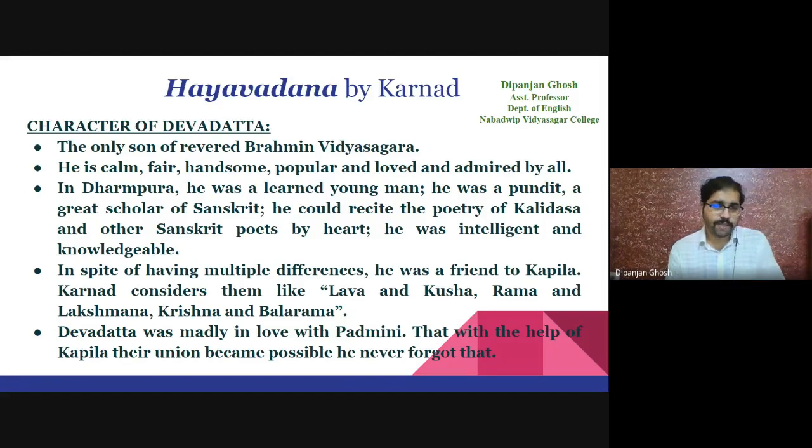But you have to identify that Devadatta was madly in love with Padmini. Ultimately, we have to identify that it was not possible for Devadatta alone to create such a relationship between himself and Padmini.